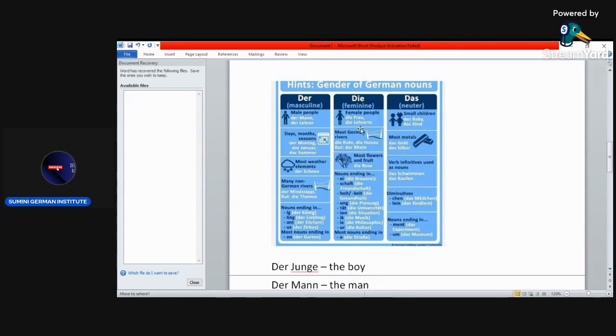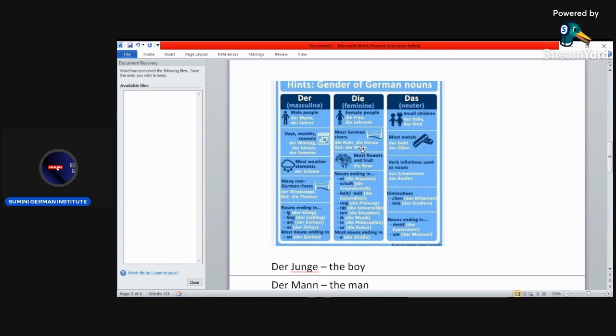Number 2, die Lehrerin, the female teacher. If you go back to masculine, you will see it has been written there Lehrer, without the in. So der Lehrer is a male teacher. You're going to do the occupations later. Then die Lehrerin, the female teacher.